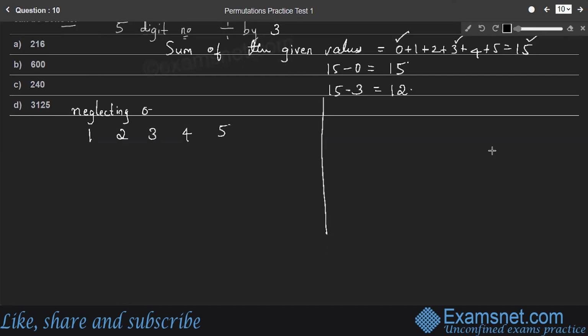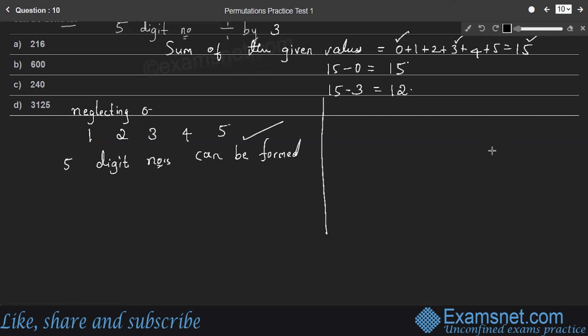Of course, each number is divisible by 3 because the sum of these values, 1 plus 2 plus 3 plus 4 plus 5, is 15. Therefore, 5-digit numbers can be formed.